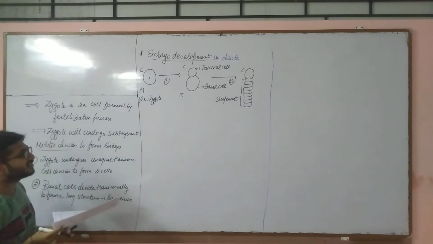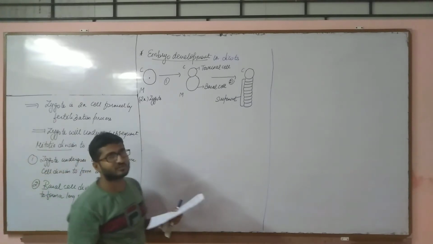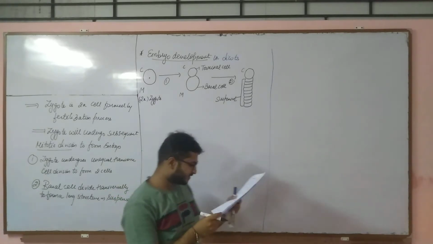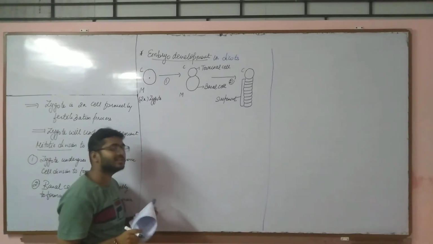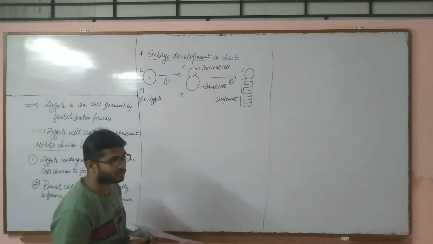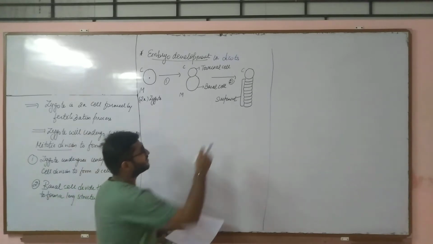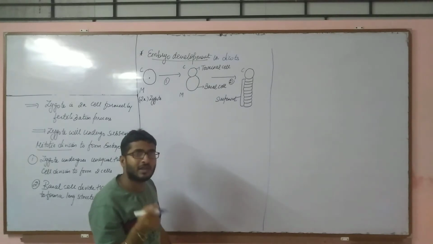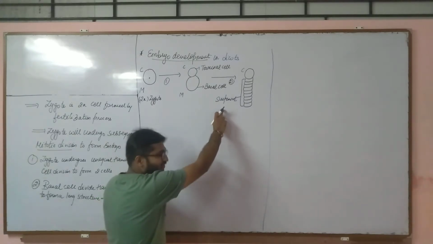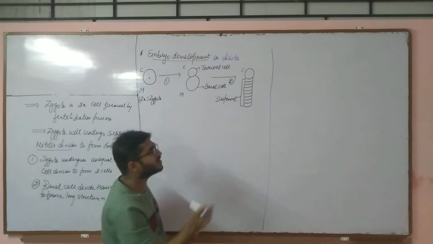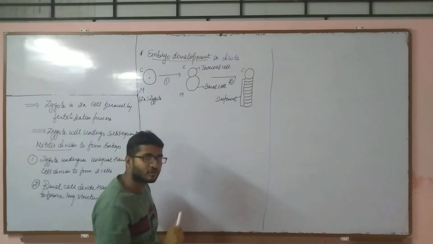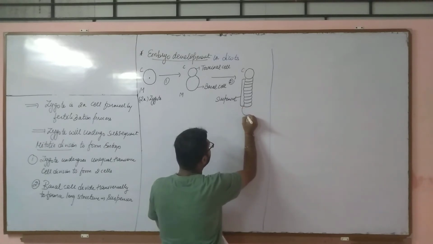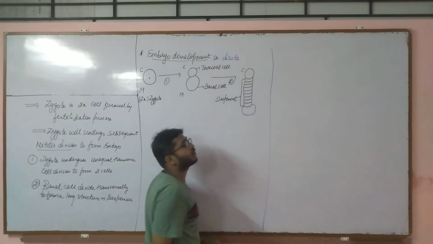Now the cell of the suspensor which is located towards the micropylar end is called the haustorial cell. What is this haustorial cell? This is the chalazal end and the last end is the micropylar end. So the last cell of the suspensor towards the micropylar end is called the haustorial cell. This haustorial cell is big and round also.